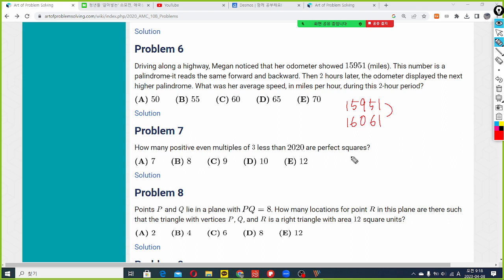Oh, wait, sorry. Hold on, I made a mistake. I got 110. So divided by 2 hours, mph is B, 55.